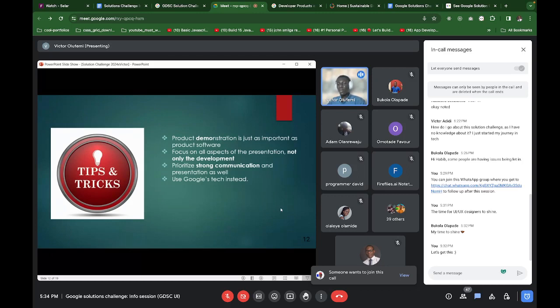One is the product demo, right? A lot of people build really amazing stuff, and unfortunately the demo is just so bad, right? If you go to the GitHub, if you actually download the app to check it, you're like, these guys should actually be in top 10 or top 3. How come they didn't qualify, right? And I mean, it's nobody's fault. It's just because they didn't do a good demo.